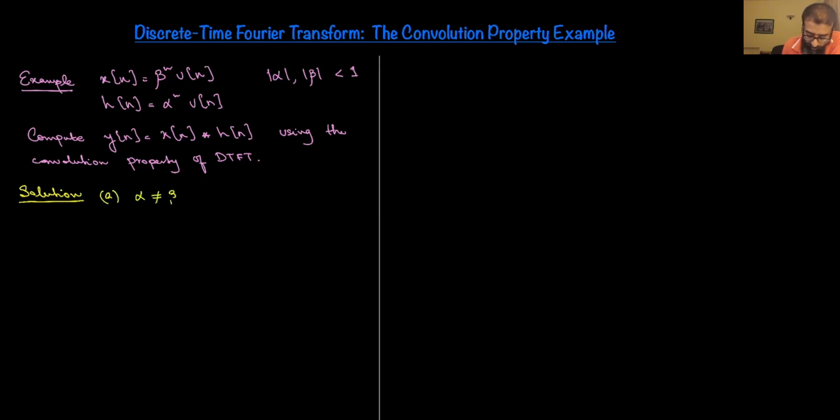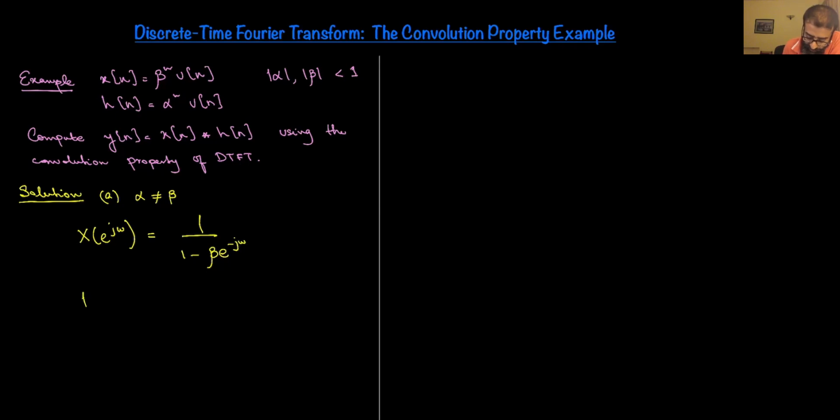And we know from one of the previous examples that we did very in the beginning that X of e raised to power j omega is going to be equal to 1 upon 1 minus beta e raised to power minus j omega. And of course, we're given the information that the absolute value of beta is less than 1, and that's why the series is going to converge, the Fourier transform is going to exist.